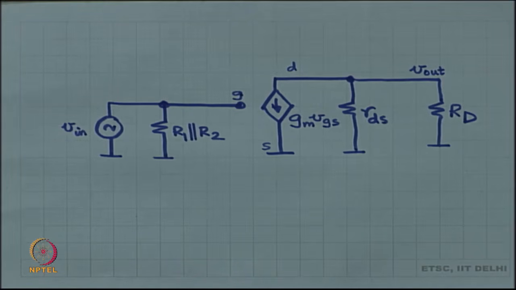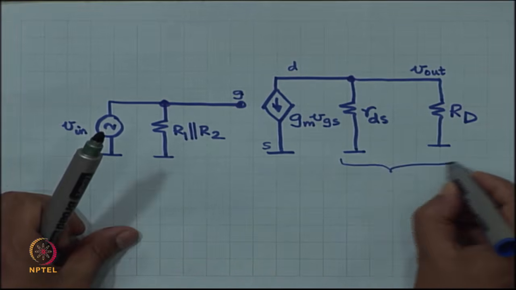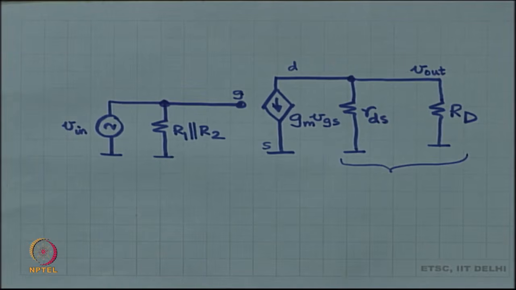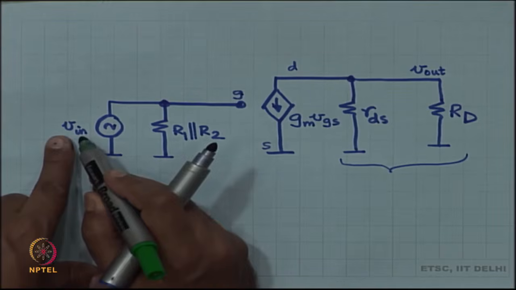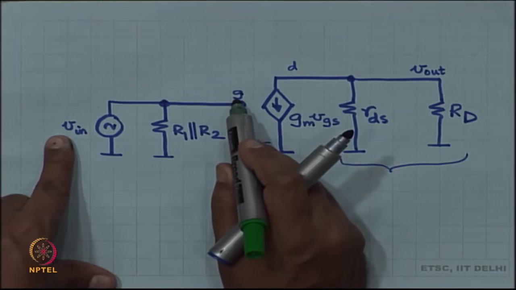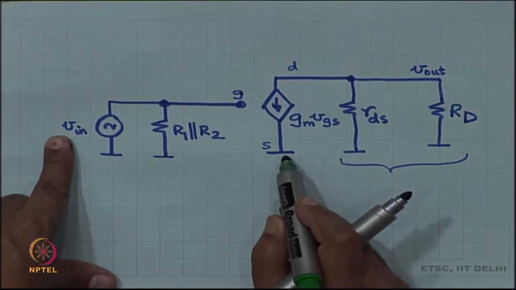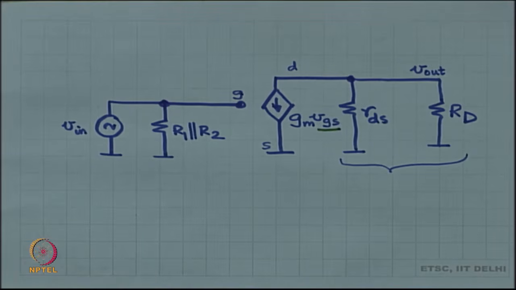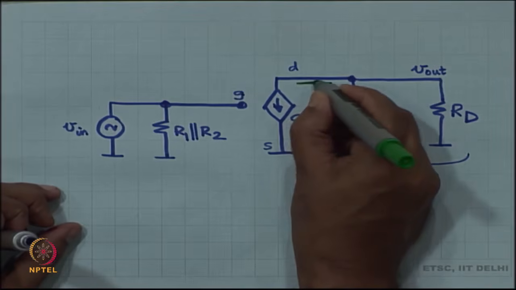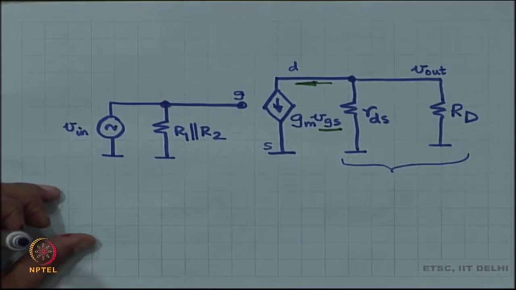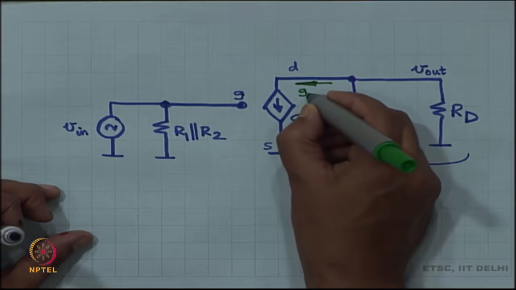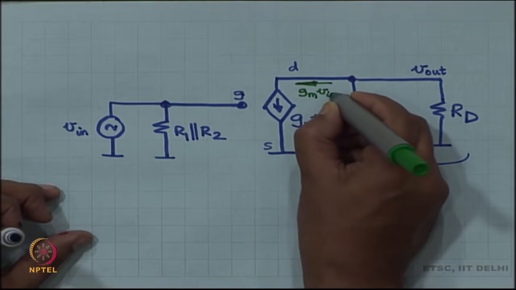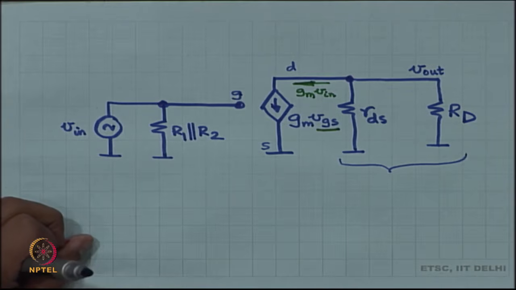First of all, RDS and RD appear in parallel with each other. Secondly, the voltage V in appears straight away across gate and source, which means that VGS is nothing but V in, which means that this current is GM times V in.